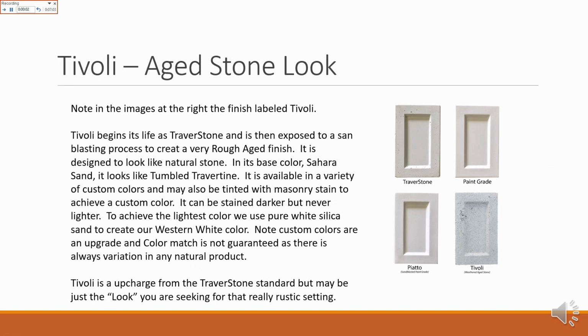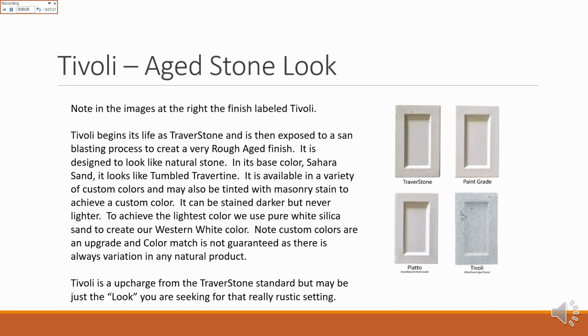Tivoli. Tivoli is available in all models, and it's exactly the opposite of Piatto. It's an extra rough finish. To create the Tivoli, they take a Traverse Stone product and put it in the sandblasting room, and they treat it with sandblasting to make it appear rough and aged. Note that it might change the color slightly. You see in the pictures, the Tivoli looks slightly different color than the Traverse Stone.